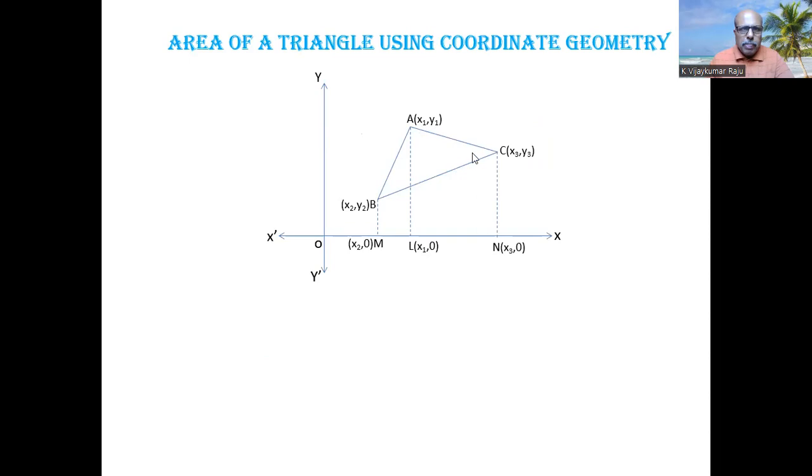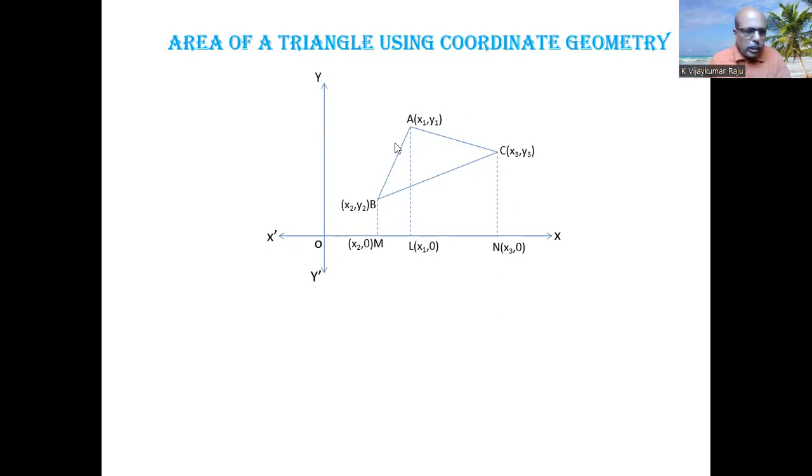This is a triangle. The coordinates of this point are x1, y1. This is x1 and this is y1. This is x2 and this length is y2. From here to here it is x3 and this length is y3.